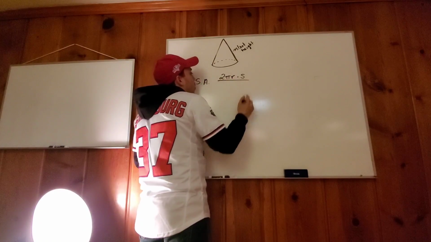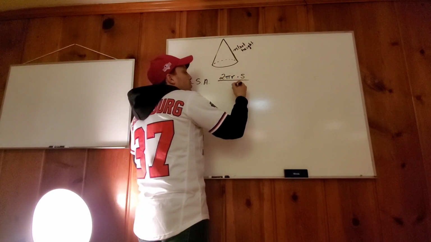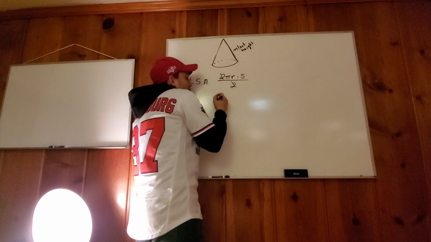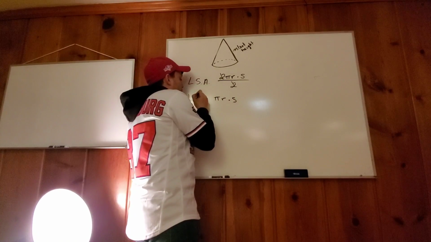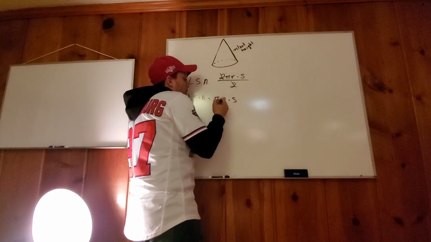However, because it's also considered a triangle, we're going to divide by 2. So a way that I actually do it is I just multiply pi times radius times the slant height, and I get the lateral surface area of the cone.